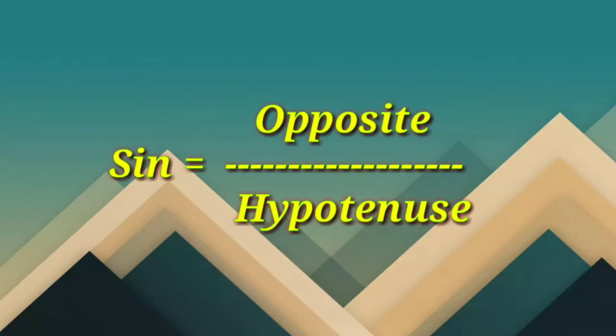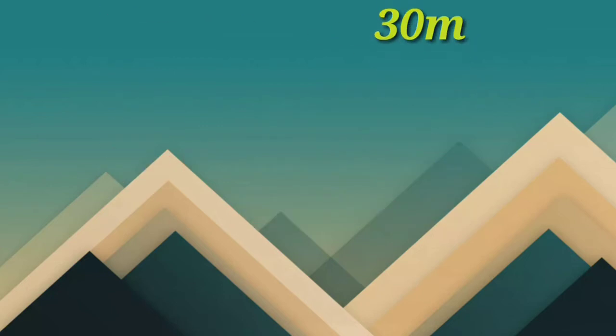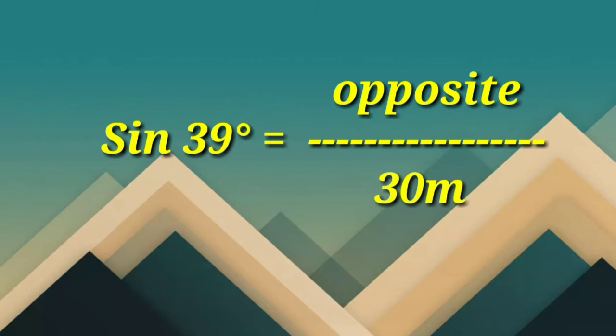So, sine is equal to opposite over hypotenuse. So, sine 39 degrees is equal to opposite over 30 meters. Now, we are going to find the value first of sine 39 degrees. And the value of sine 39 degrees is equal to 0.63.